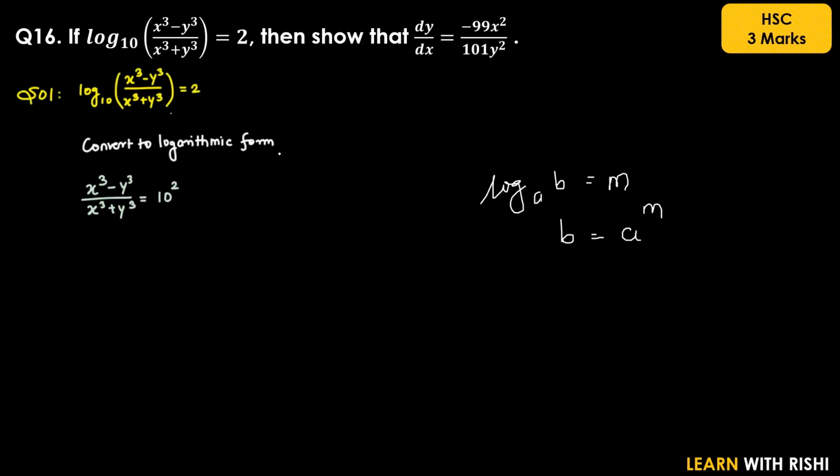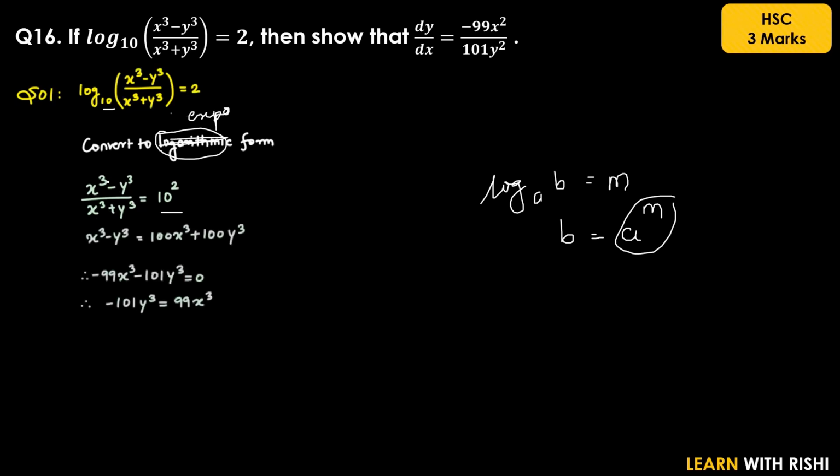Converting to exponential form, x cube minus y cube upon x cube plus y cube is equal to, we'll apply this a raised to m. So in this case, our a is 10 and m is 2, so 10 square.